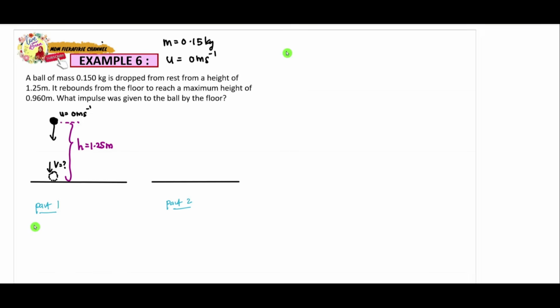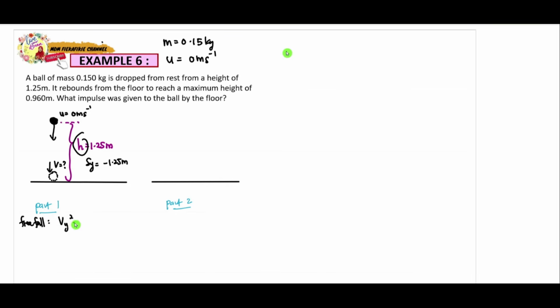Since we have height, height kat sini adalah dia punya vertical displacement SY must be negative value because the object is moving downward, chapter 2. Jadi equation apa kita nak pakai? So this is the free fall. Saya tulis dekat sini supaya awak ingat semula. So this is from projectile motion. Siapa yang tak tengok video sebelum ni boleh tengok, untuk revise.